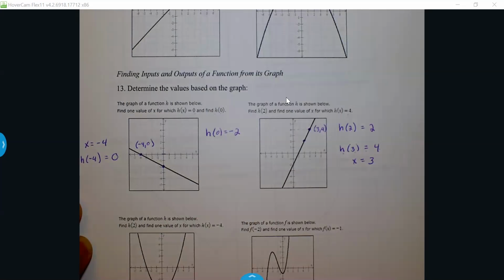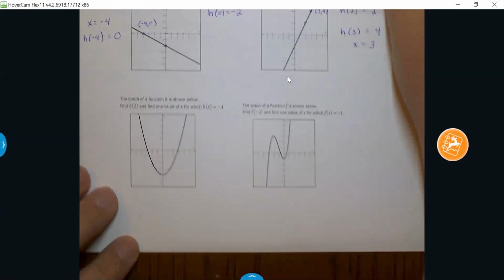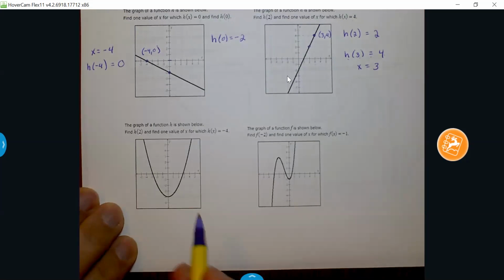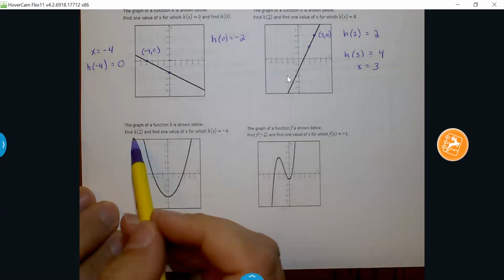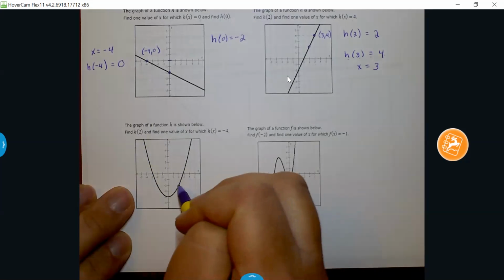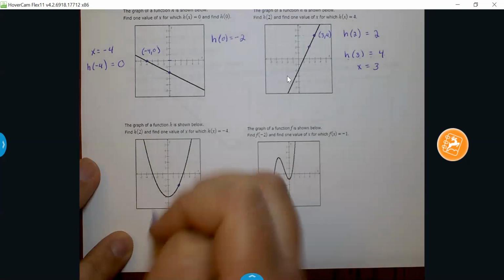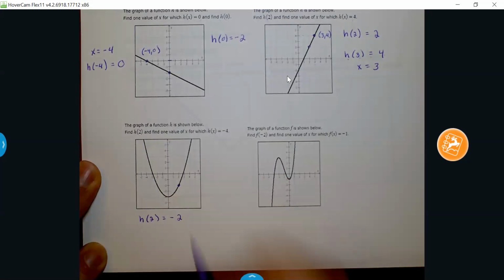Now, a little interesting here, we have a possibility that there would be more than one x value for each y. That's okay, that's still a function. We just can't have more than one y value for each x. So h of 2, that's the same thing we've been doing. They want to know the value of y when x is 2, and h of 2 would equal -2.